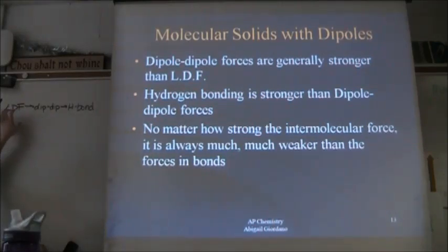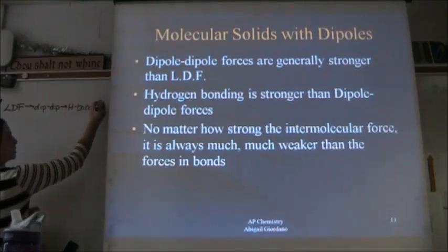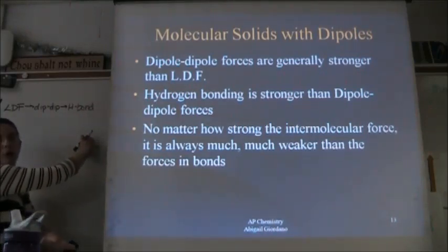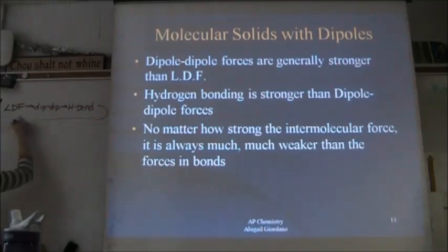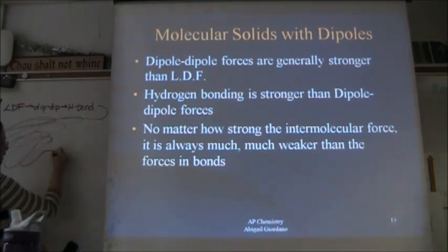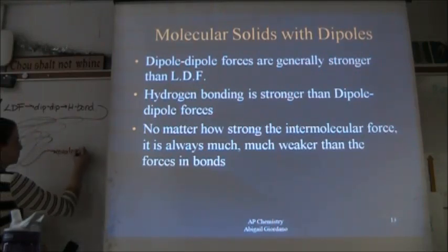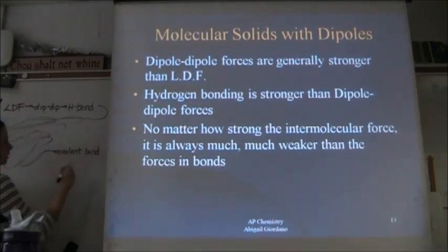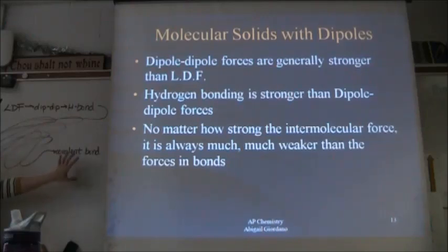Okay, so here's the order here, but this isn't even close to the strength of an intramolecular force. Which one is weaker, covalent or ionic? Covalent. So here's how I'm going to illustrate not in the ballpark. Okay, covalent bonding. And then this isn't even close to the strength of ionic bonding, which is significantly stronger.